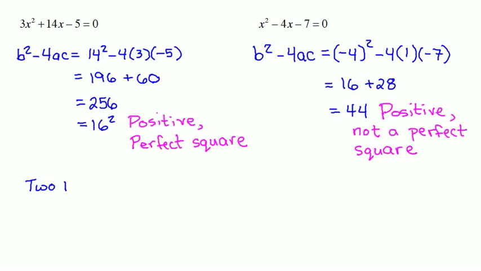Two rational solutions. And in the case of the second one, they are irrational numbers because I would never be able to totally get rid of a square root that was on a number that's not a perfect square. So this one would give me two irrational solutions.